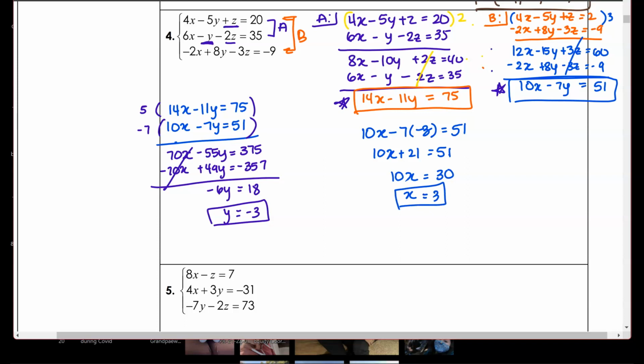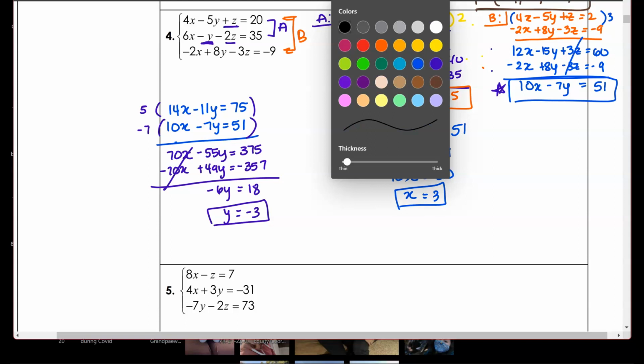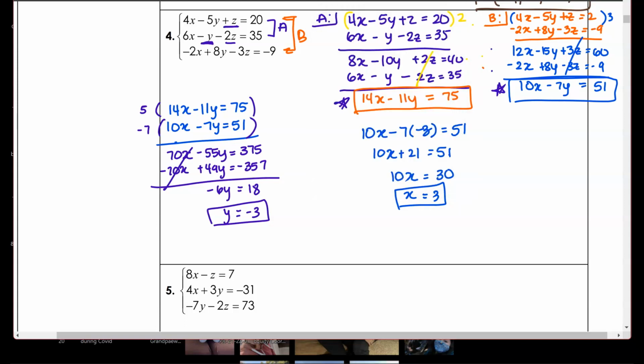Once I have x, I'm now going to go back to the original 3 by 3 system, and select one to plug x and y into. So I'm going to have 4 times 3 minus 5 times negative 3 plus z. So I'm picking that first equation there, equals 20. 4 times 3 is 12 plus 15.